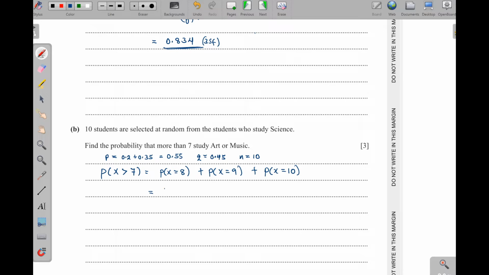Then here we shall have 10 combination 8. Our success is 0.55. Then we shall put power 8, and then the failure is 0.45. We shall put a 2 such that when we add we get what? A 10.